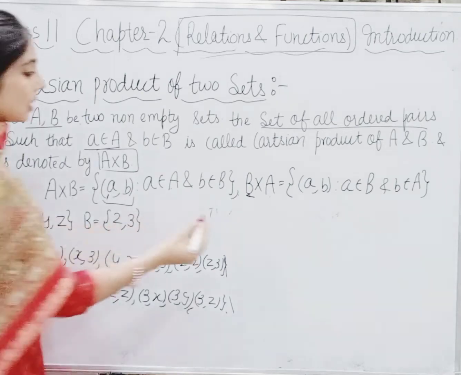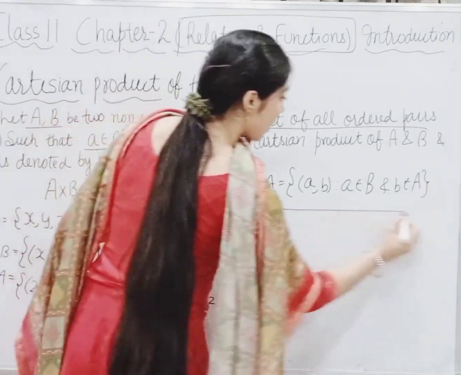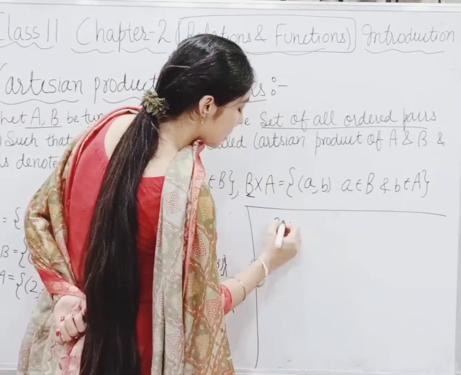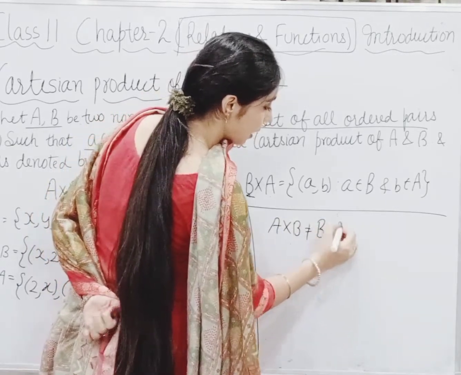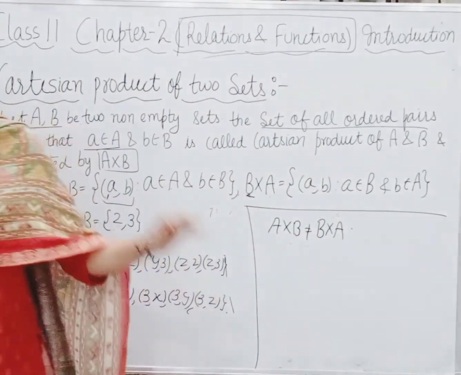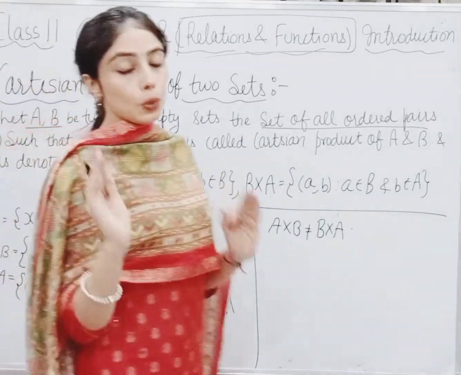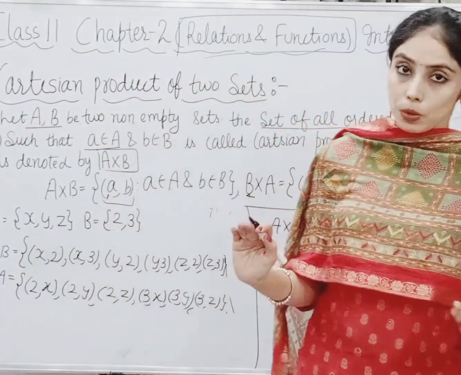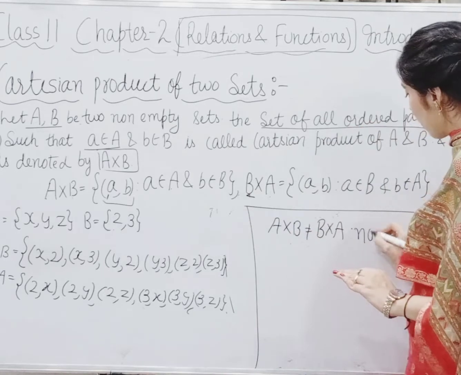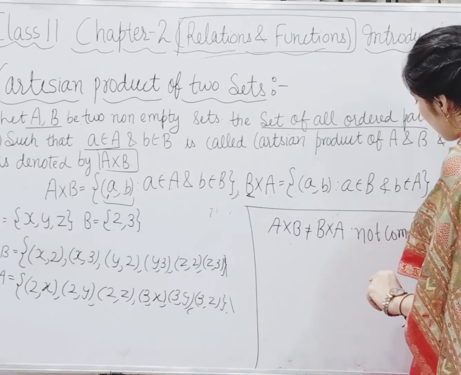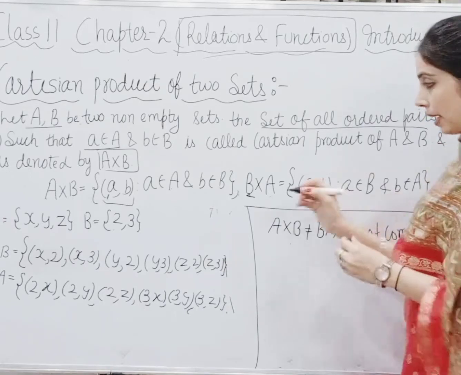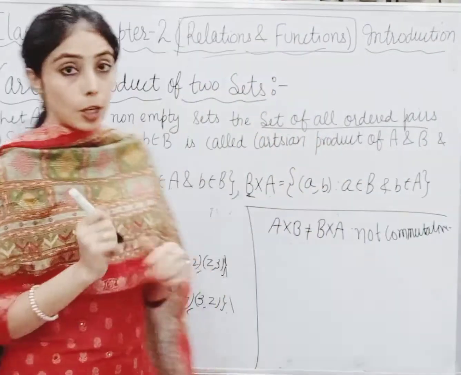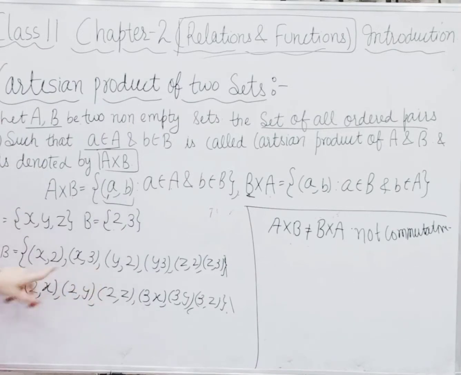So we can easily observe that A cross B is not equal to B cross A. That means the Cartesian product of two sets is not commutative. By this example we can easily observe, because all the elements are not equal.